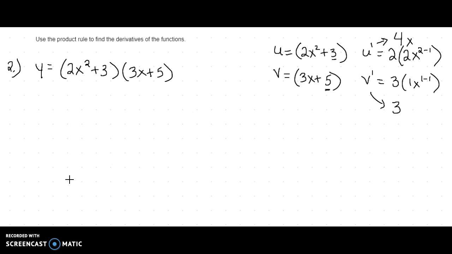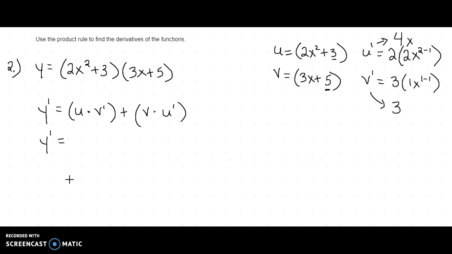Okay. So now, thinking about what we know about the product rule, the derivative of y is going to be found by taking u, multiplying it times the derivative of v, and we're going to add that to what we labeled v, that second binomial, 3x plus 5, times the derivative of u.